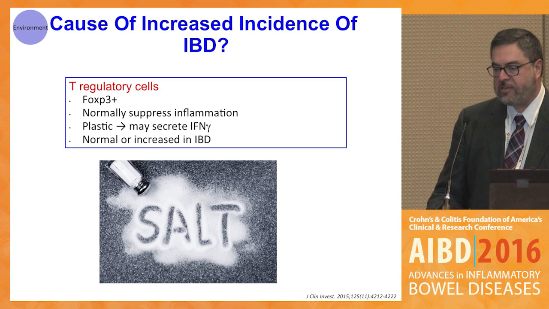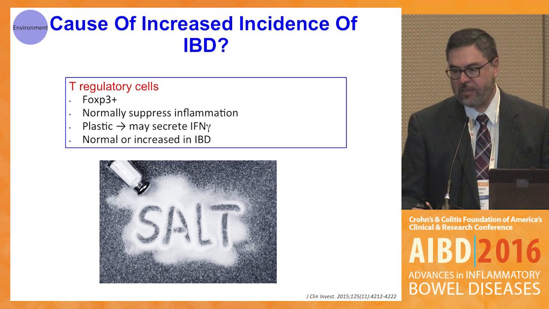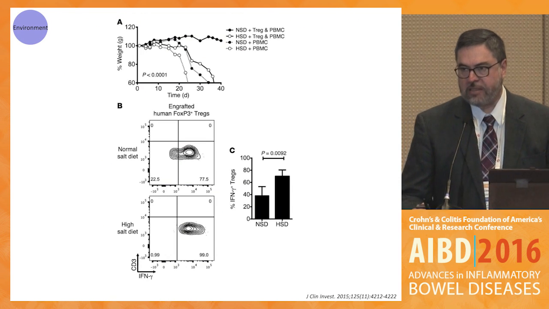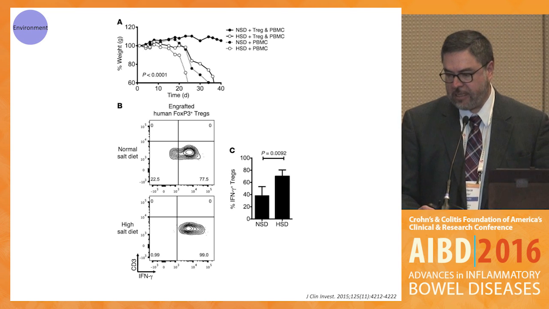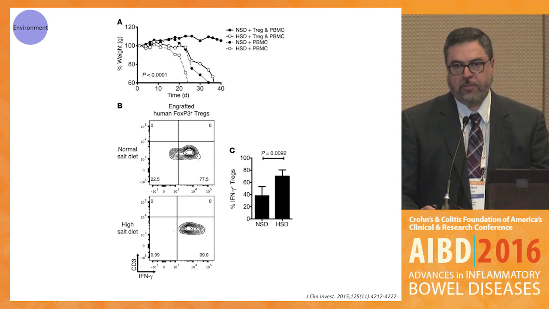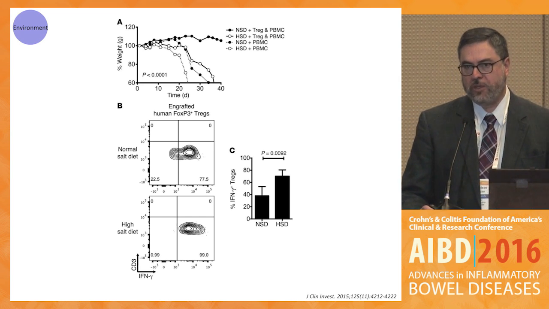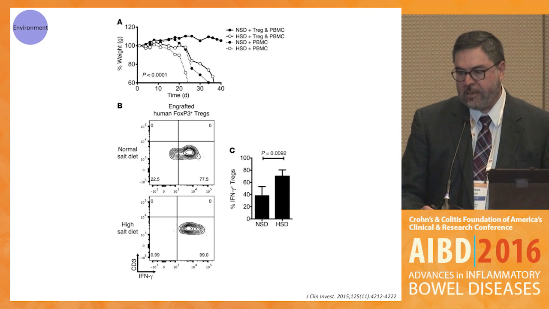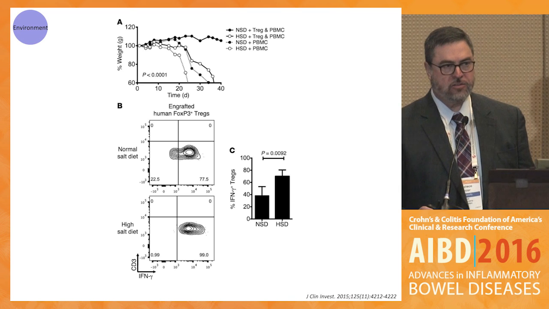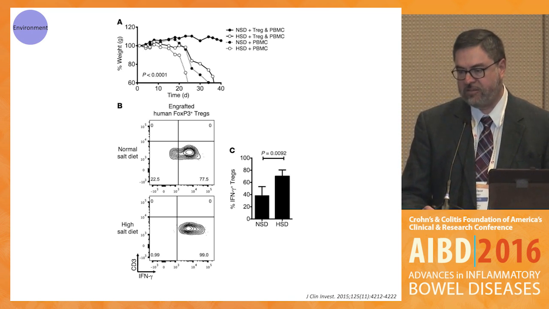So I came across this study that examined the role of salt in the diet in mice and the function of Tregs. So this is basically the bottom line in this study published in JCI. Peripheral blood mononuclear cells and T regulatory cells were transferred to immune-deficient mice, and they were put on either a no-salt diet, so no added salt diet, or a high-salt diet, which is HSD.